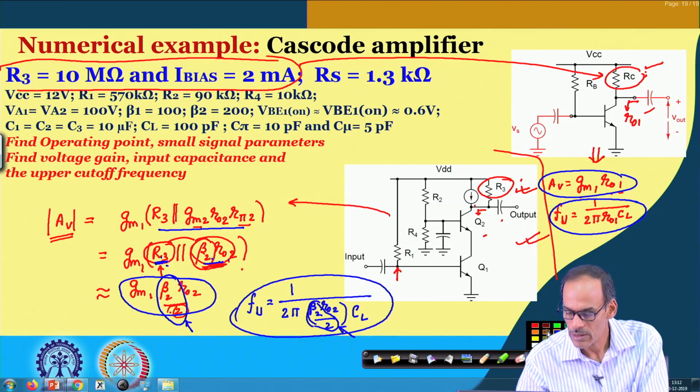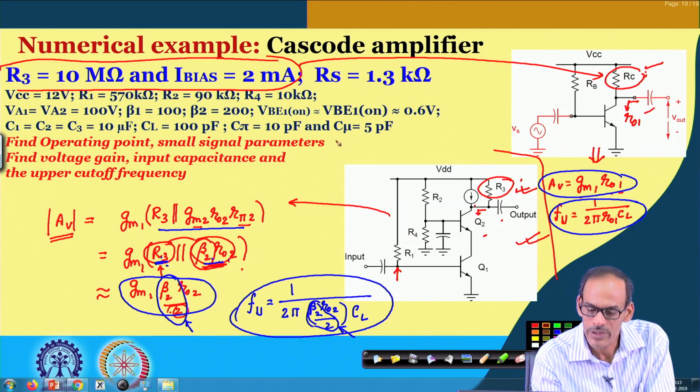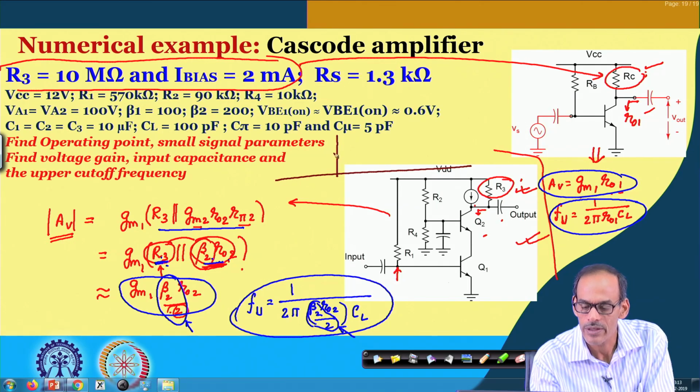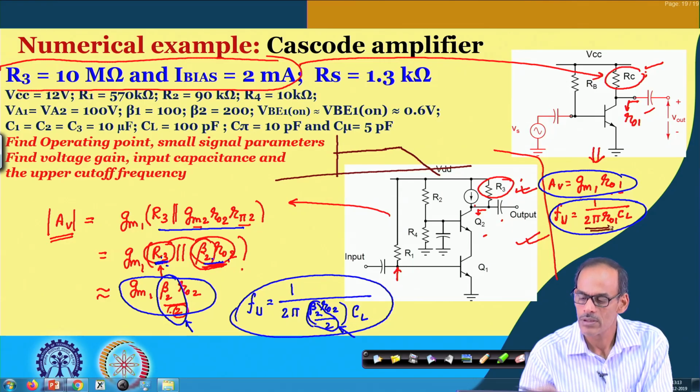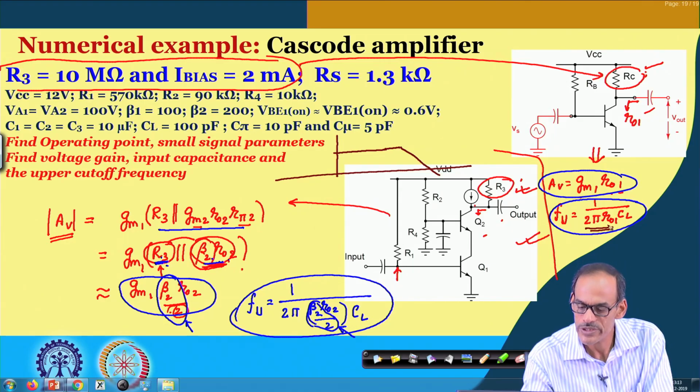So, if I pictorially compare, if I have the CE amplifier gain say like this, then it has the corresponding 3 dB frequency or the bandwidth defined by the expression there. So, this is for the CE amplifier.